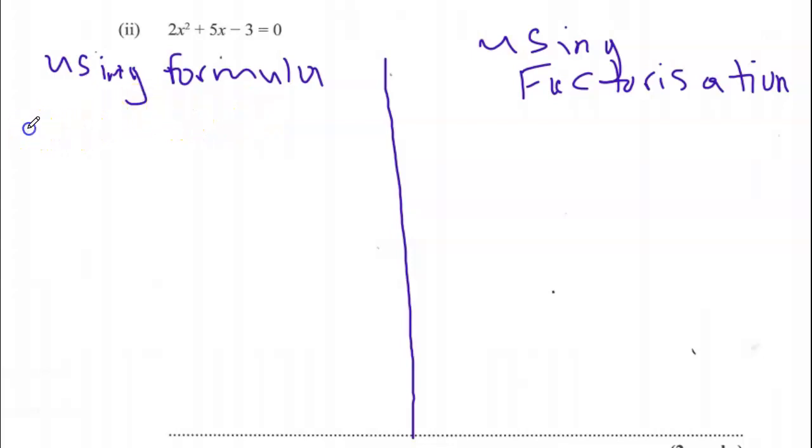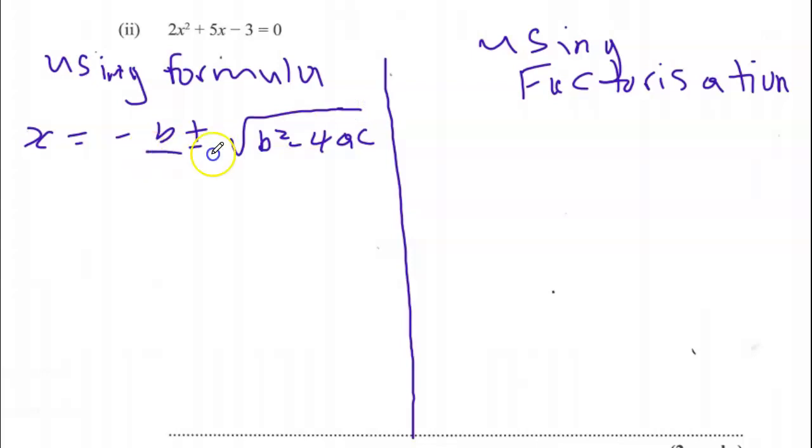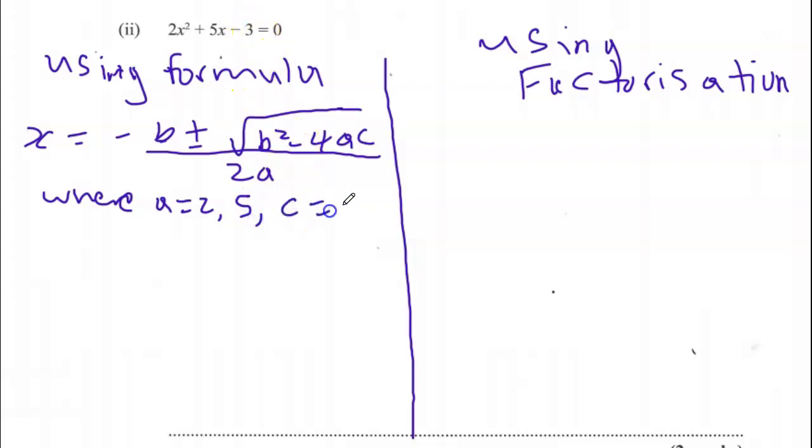Using the formula, x equals minus b plus or minus the square root of b squared minus 4ac, all over 2a. Making substitution, a is the coefficient of x squared, which is 2, b is the coefficient of x, which is 5, and the constant c is negative 3.